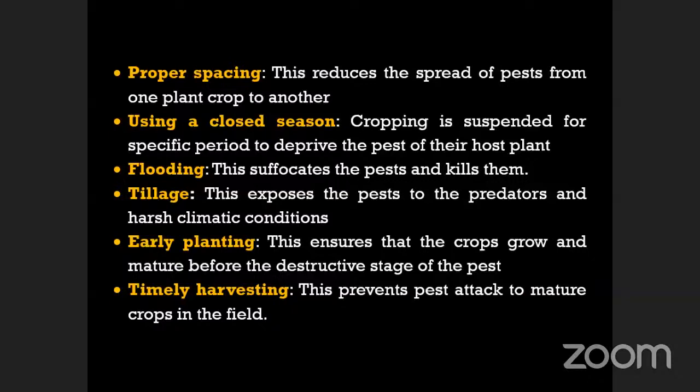You go and harvest them before even the total population of the pests increases. And then the other last point says, timely harvesting. This prevents attack to mature crops in the field. When you harvest your crops earlier, at the right time, you don't give chances for these pests to attack them. And that is how you can control pests using cultural methods.